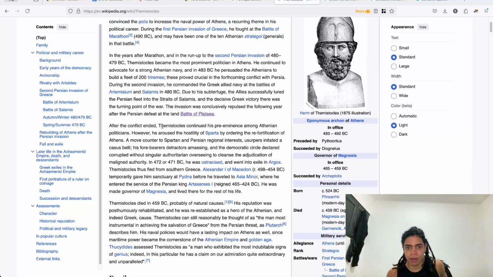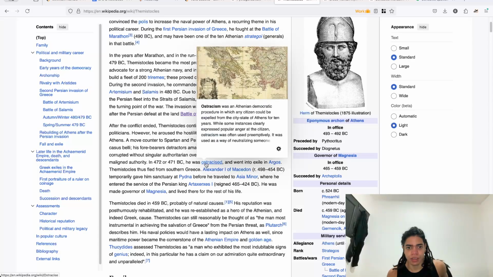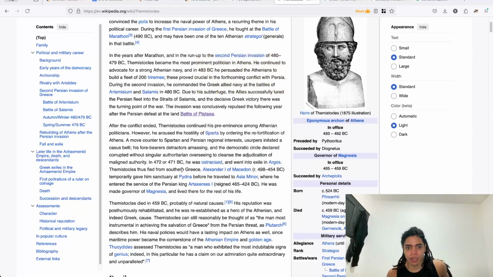After the conflict ended, Themistocles continued his preeminence among Athenian politicians. However, he aroused the hostility of Sparta by ordering the refortification of Athens, a move counter to Spartan and Persian regional interests. His detractors, and the democratic circle, declared him corrupted and called for a single authority to cleanse the city of malignant influence. He was ostracized and went into exile in Argos.